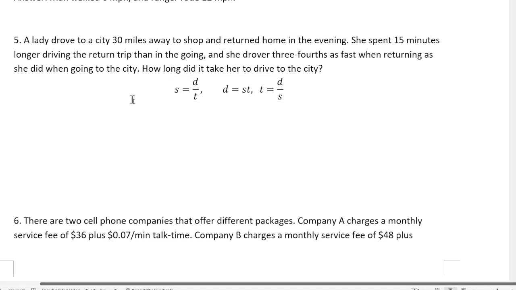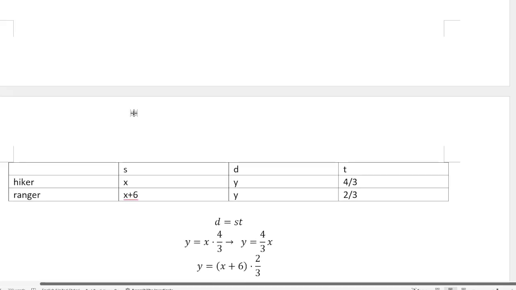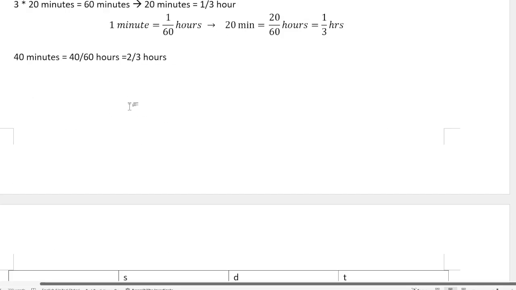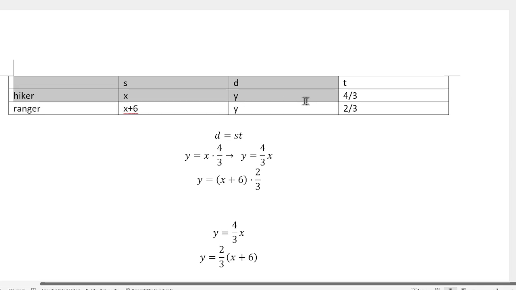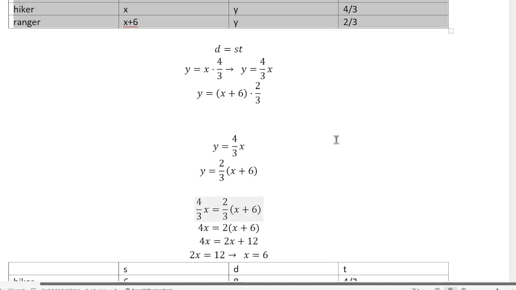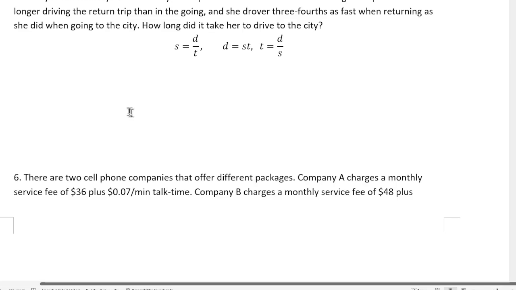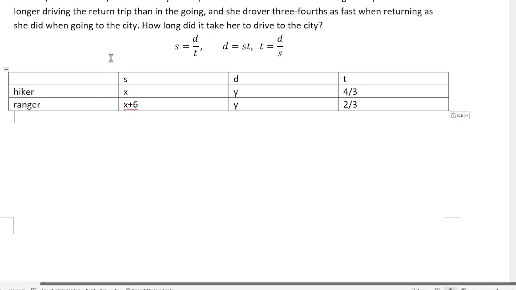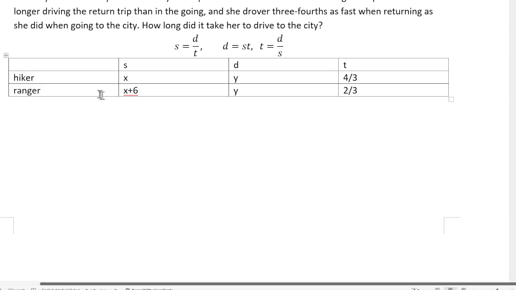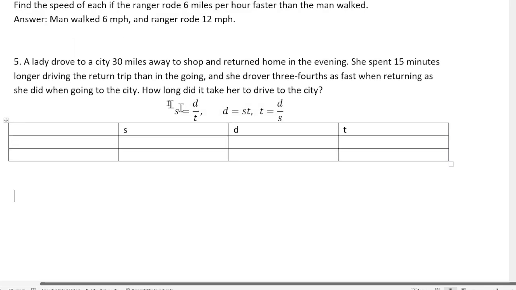Okay, and then we'll also need a table like before, so I'll just copy this one. Okay, and then we'll just empty out these things. All right, so now let's read the question.